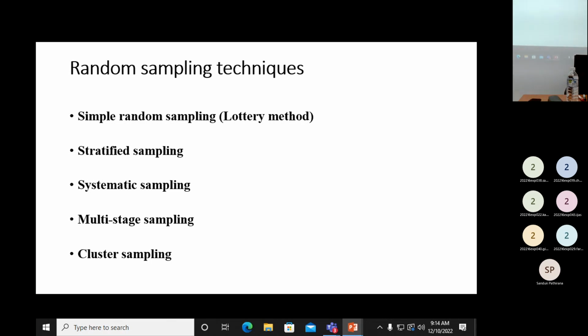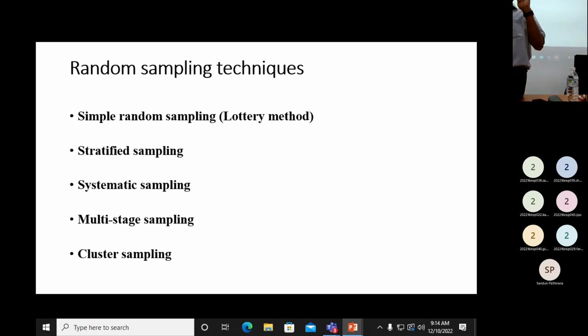Next disadvantage, when you select that random sampling technique, we need to consider the sample frame. Sample frame means the entire population should be represented by a document, right? Employee register, from where you can take employee numbers. Or maybe a telephone directory, then you can find the people who are using the telephones.